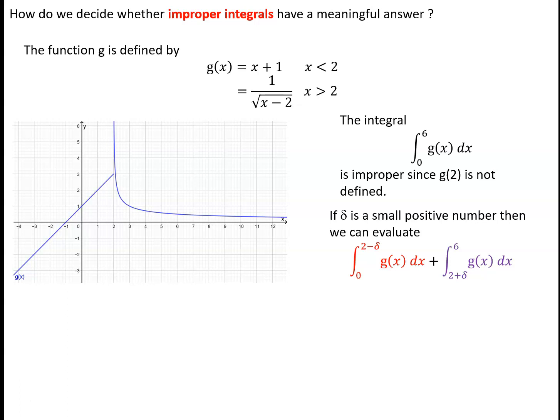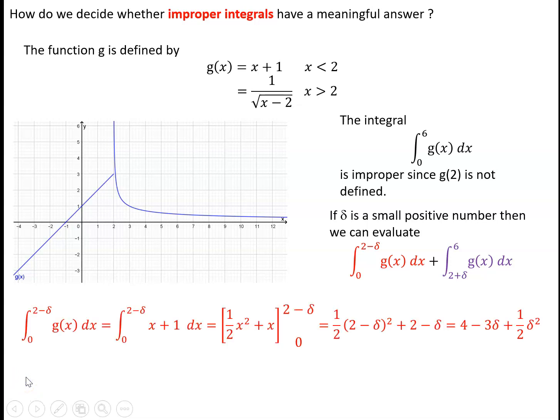So we split the integral into 2 integrals, each of which are proper integrals that we can evaluate. So the expression we're going to consider is the integral between 0 and 2 minus delta of g of x, and then later the integral between 2 plus delta and 6 of g of x.